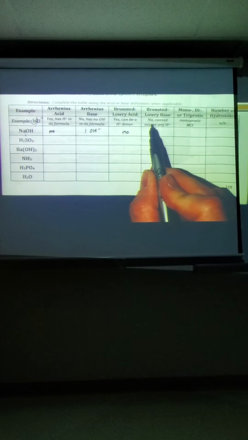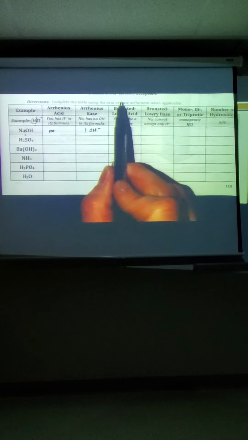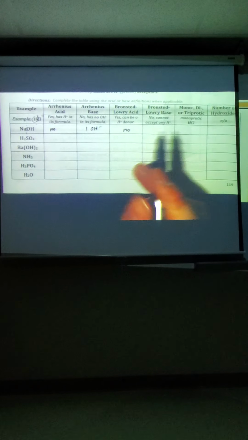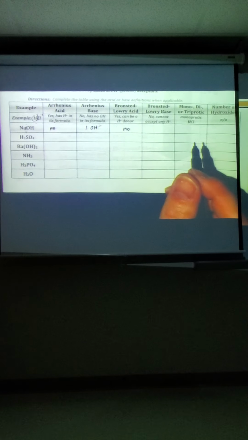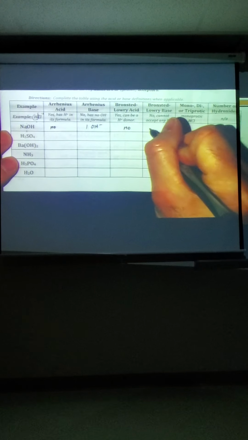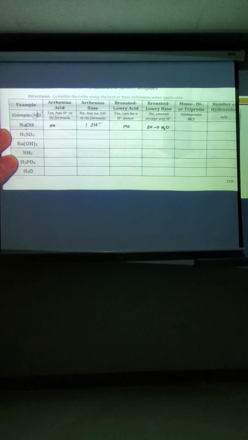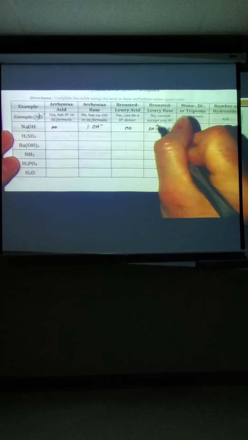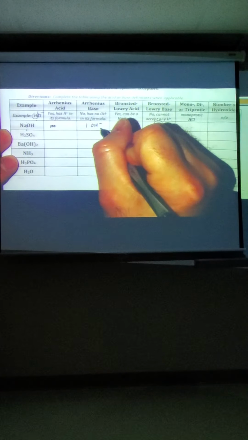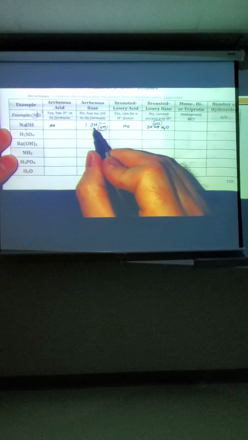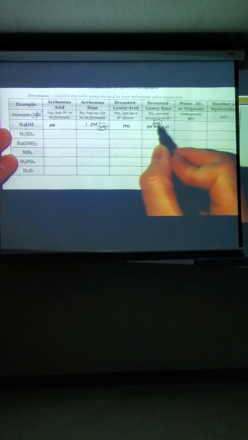Bronsted Lowry base says, are you a proton acceptor? To be a proton acceptor, that would mean hydroxide would accept an H and become water, and that works. So definitely a yes there. So we have a yes for both definitions, and that's because we are hydroxide and we do have the ability to accept H's.